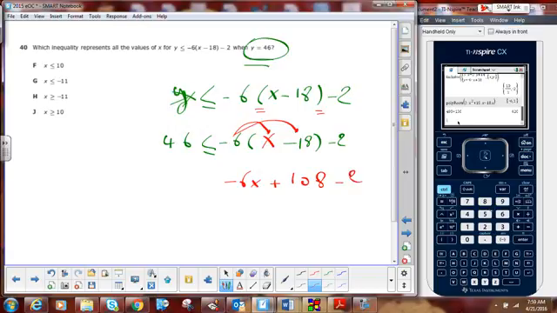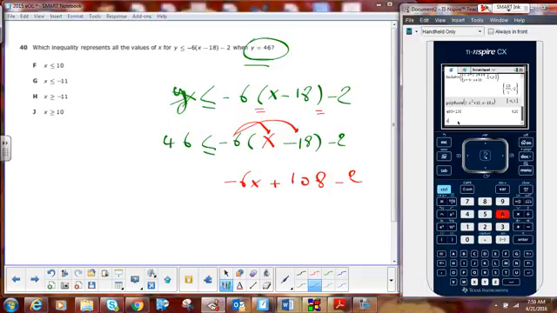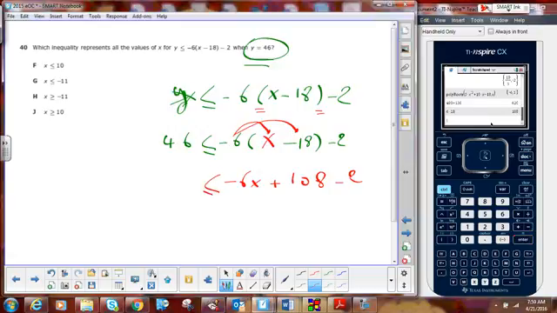If you want to check right here, 6 times 18, always there, 108 minus 2, then 46. Now you want to solve for x, so you're going to keep the x by itself. So this is 106.